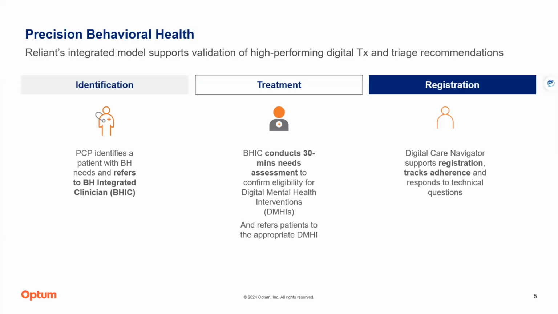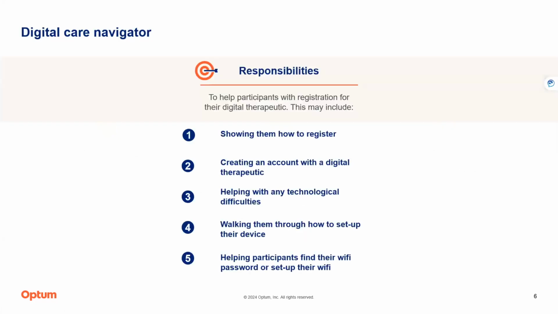And if they determined the patients were a good fit, they would refer patients to the appropriate mental health intervention. However, it doesn't stop there. Our clinicians don't say, here's your treatment, best of luck, see you in 6 weeks. Instead, we created a new role, that Digital Care Navigator, whose sole purpose was to then take a warm handoff from the clinician and help the patients become more comfortable with their intervention.